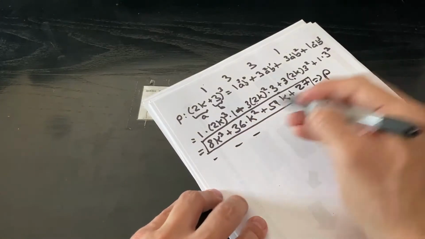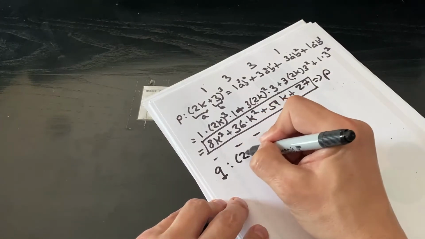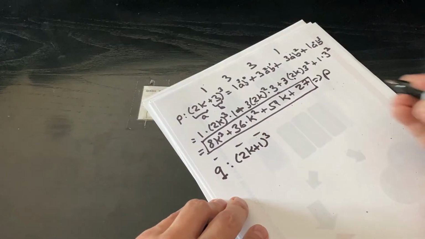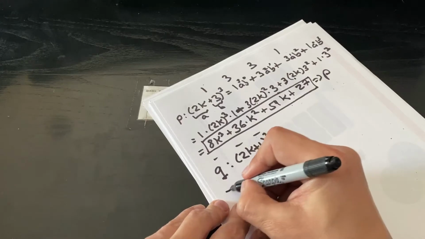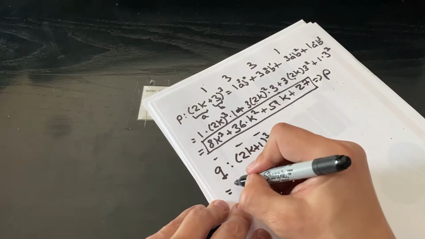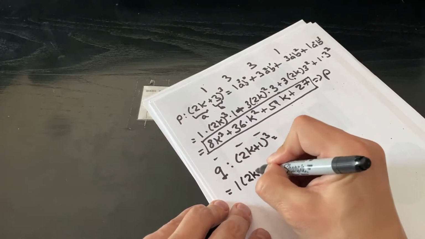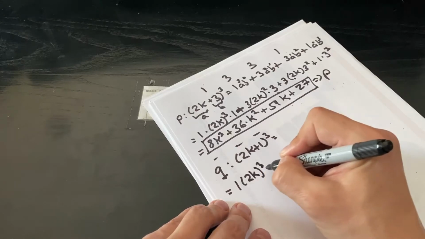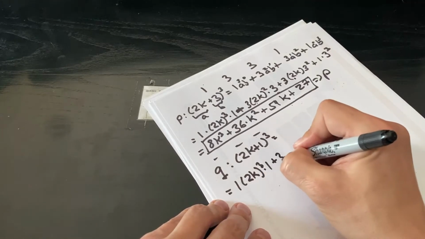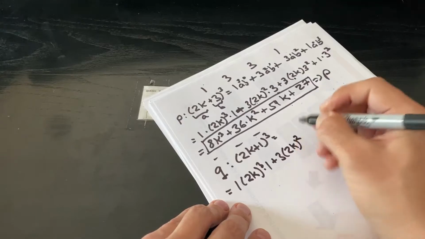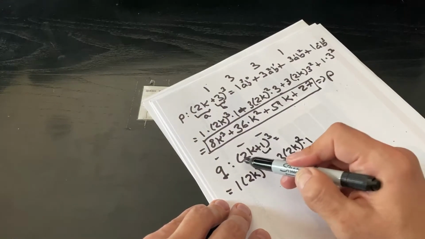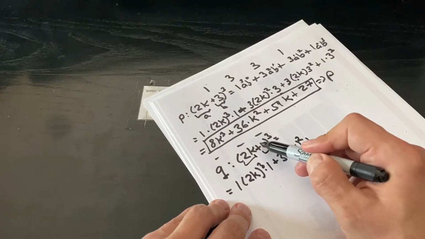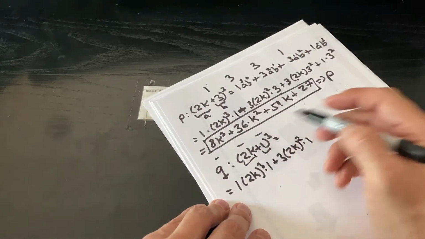We now have to expand q. q is 2k plus 1 cubed. Again, we apply the same formula as up here, right? And in this case, we fill in the blanks. So here it is 1 times 2k cubed times 1 plus 3 times 2k squared times 1 again, because b is 1, a is 2k, and b to the power of anything being 1 is always 1.